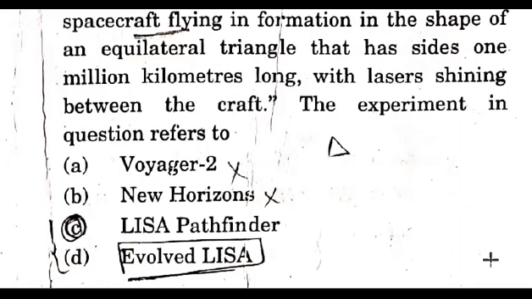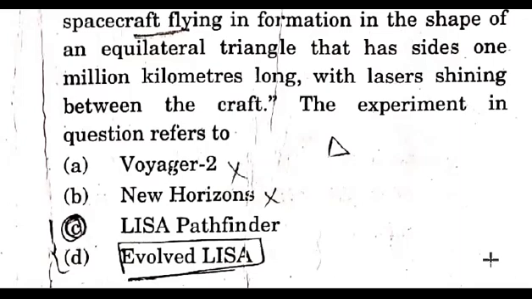Now, coming to the third option given over here, LISA Pathfinder. First, one has to understand or get a basic idea regarding what is LISA, L-I-S-A. The term actually refers to a specific type of antenna. It is called laser interferometer space antenna.